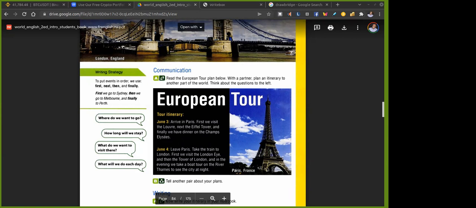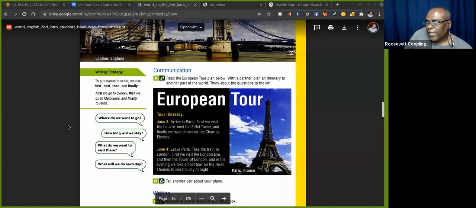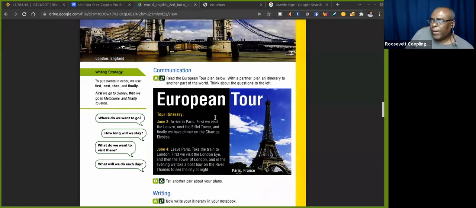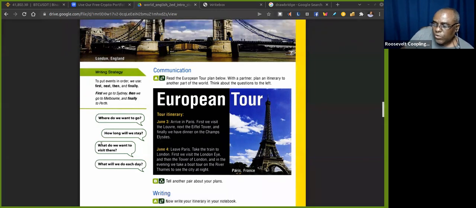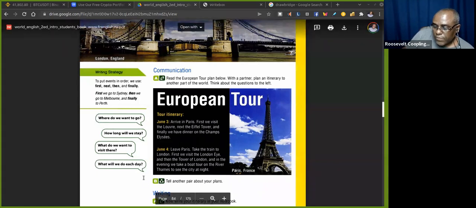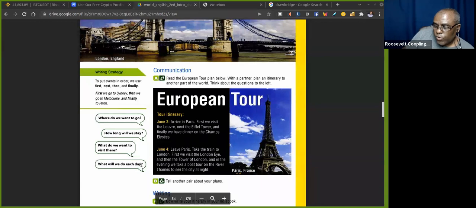In the evening, we take a boat tour on the River Thames to see the city at night. Excellent. Okay, so that's an itinerary. My question here is, can you plan an itinerary yourself, a 2-day itinerary for a different country? Spartacus, Emmanuel, Leonardo, can you just plan a different itinerary? Where you want to go, how long you want to stay, what you want to visit? Okay, what will you do each day?